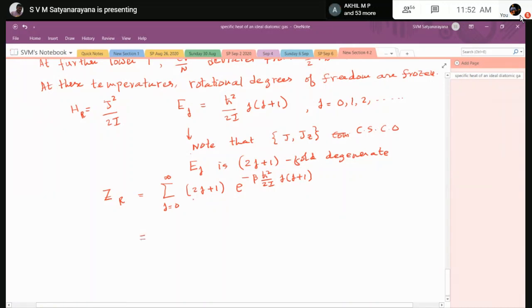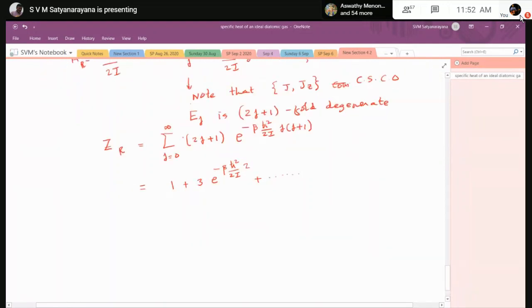So we can make progress, and writing this as, suppose if I take j equal to 0, I have 1 plus, if I take j equal to 1, I have 3 into e to the minus beta h bar square by 2I into, j equal to 1, so this is 2, plus I can have this infinite series, and I can write down simply using this infinite series itself.